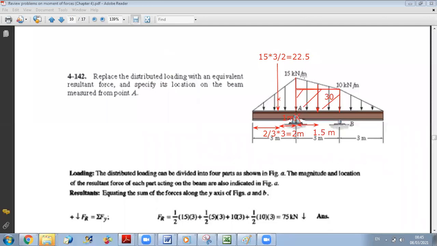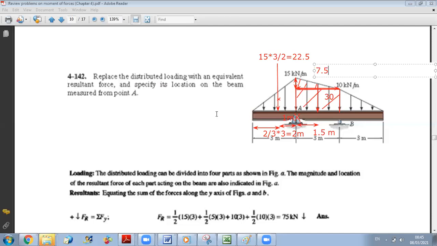So for this one, what is the area? First, what is this height here? The height here is 15 minus 10, okay? So the difference is 5. The height is 5 and the base is 3, okay? So the area of the triangle is 5 times 3 over 2. So it is 15 over 2, 7.5.